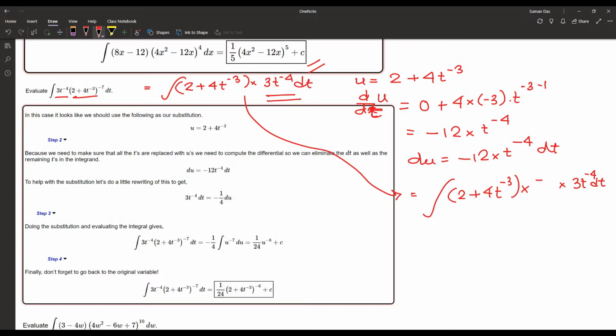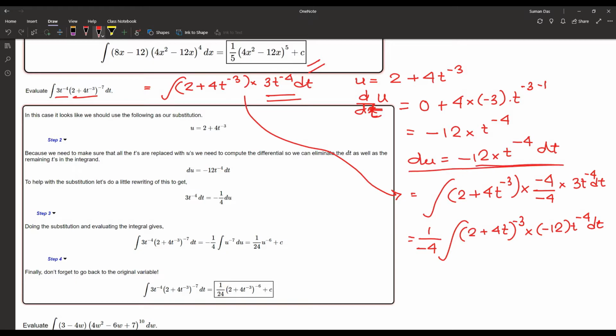So here we are multiplying with minus 4 and also dividing with minus 4. So we are taking 1 by minus 4 as a multiplier, and here that is becoming (2 + 4t) whole to the power minus 3 into minus 12 t to the power minus 4 dt, and that one is du.